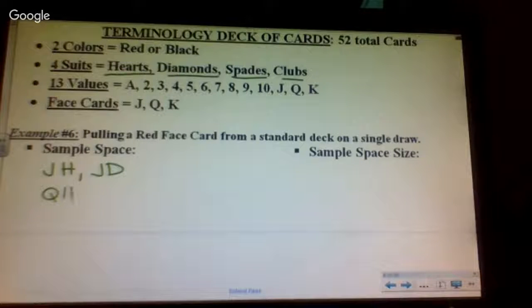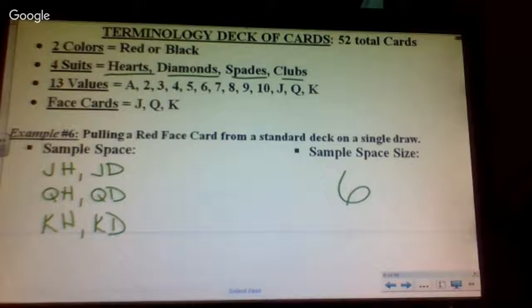I've got a queen of hearts and a queen of diamonds. I have a king of hearts and a king of diamonds. So my sample space size here is 6. This is where everybody usually struggles with probability. They're fine until I throw in a deck of cards.